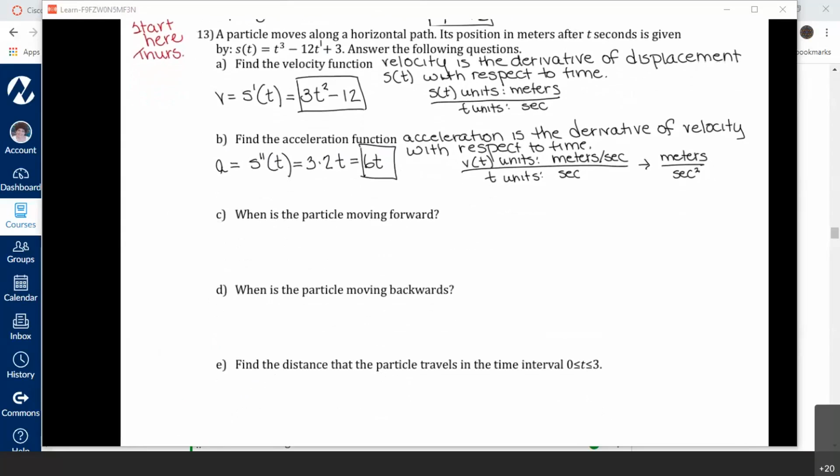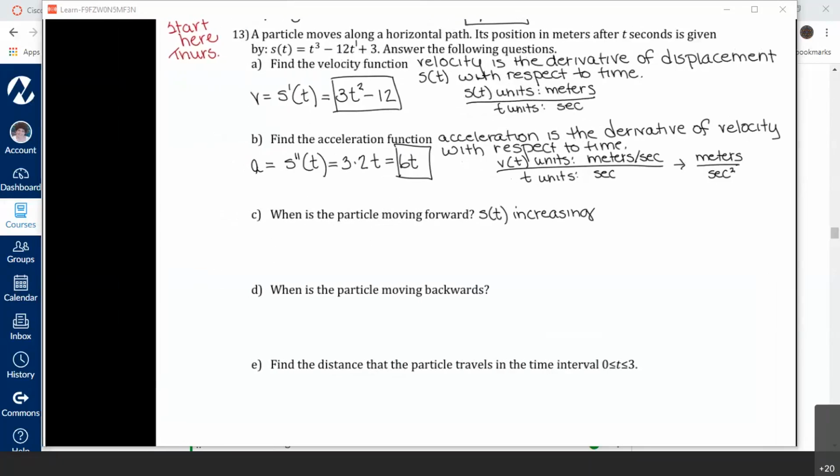Now, again, they're asking you, when is the particle moving forward? Okay, now I said the particle moves forward, okay, when the position function, s of t, is increasing, right? It's going in a positive direction. Okay, it's increasing. So what does that mean?